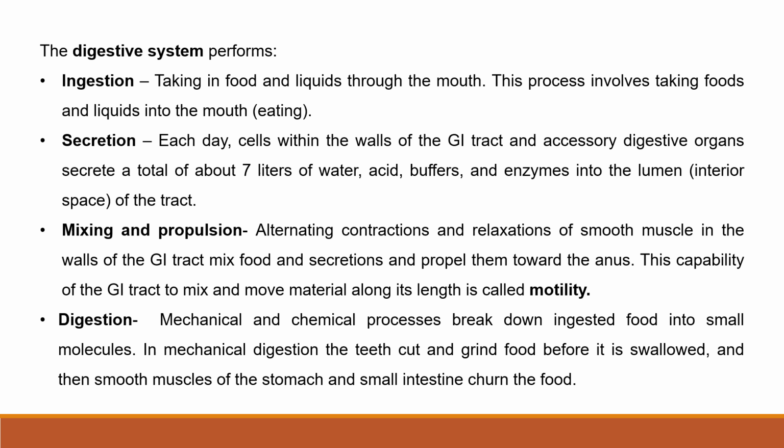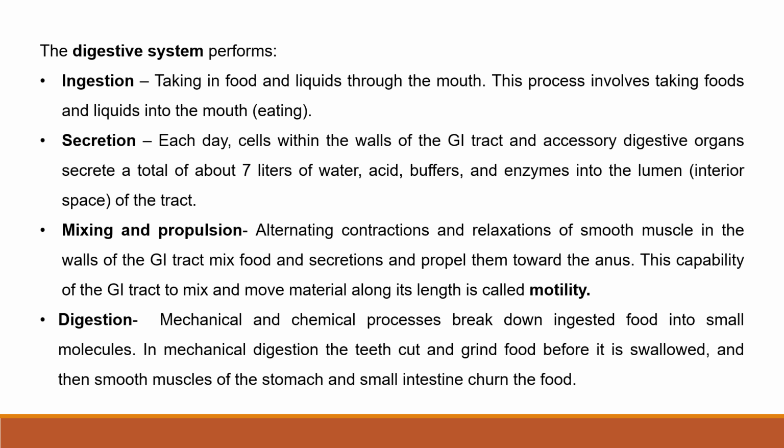So next is about the digestive system functions. The digestive system carries out several essential functions including ingestion, secretion, mixing and propulsion, digestion, absorption, and elimination. It begins with ingestion, where food and liquids are taken into the mouth.